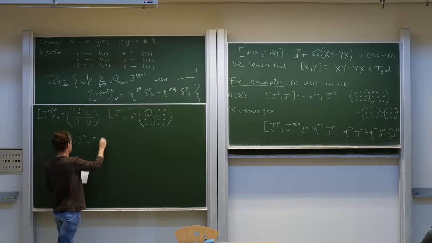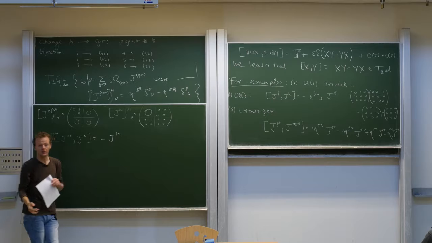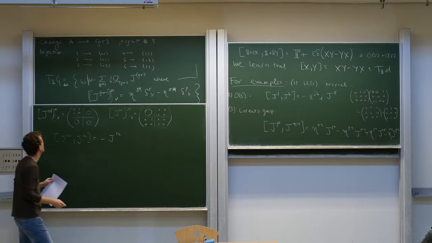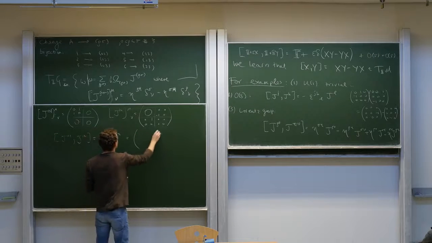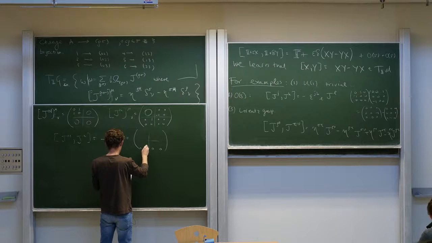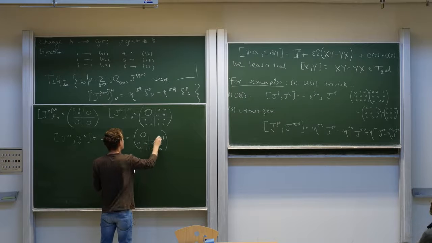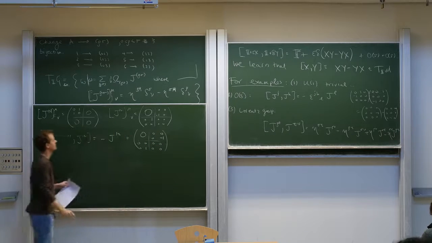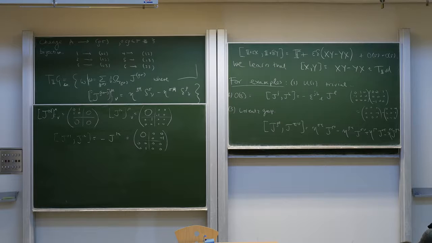And you should end up with, if everything goes correctly, minus J12, which equals the following 4x4 matrix. One, zero, zero. And the problem sheet will have you do this for all of them.